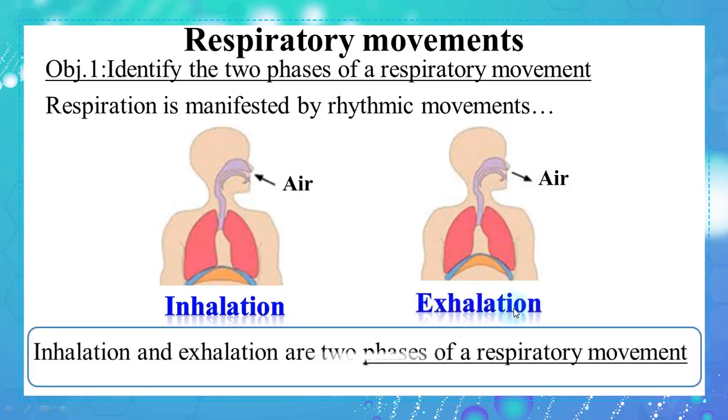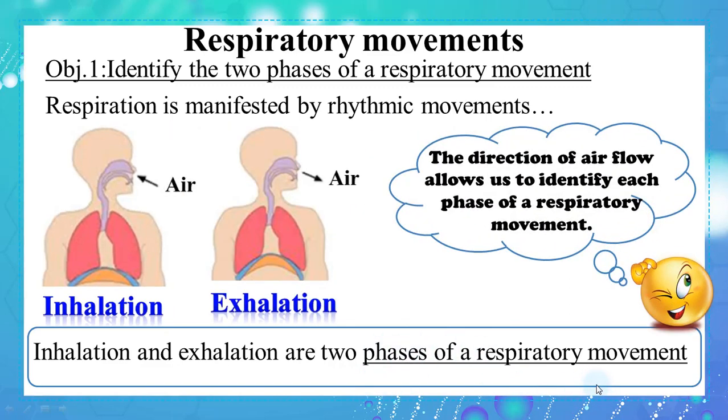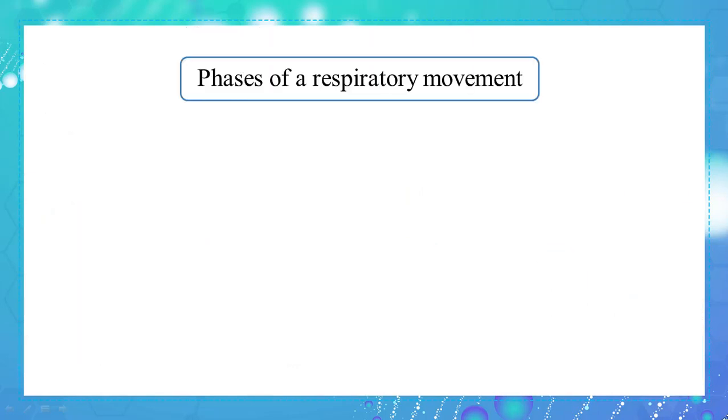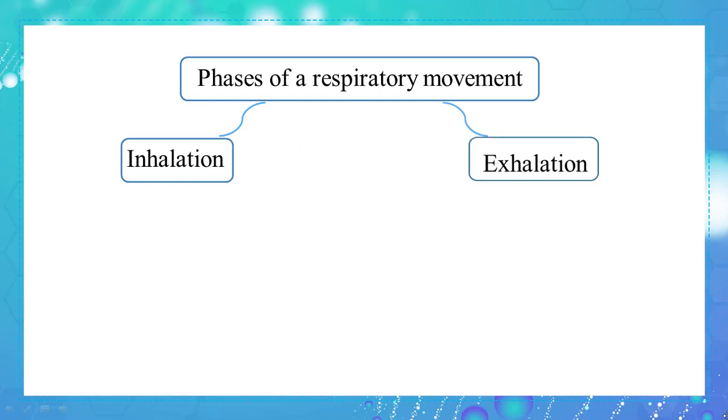Then, inhalation and exhalation are the two phases of a respiratory movement. As we learned before, the verb identify needs justification. Then the direction of airflow allows us to identify each phase of a respiratory movement. So the two phases of a respiratory movement are inhalation and exhalation.